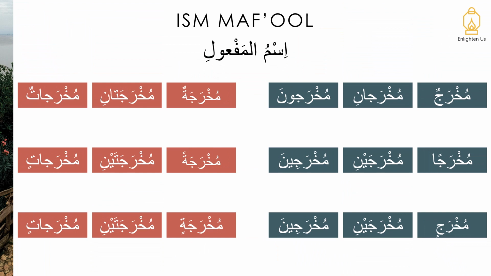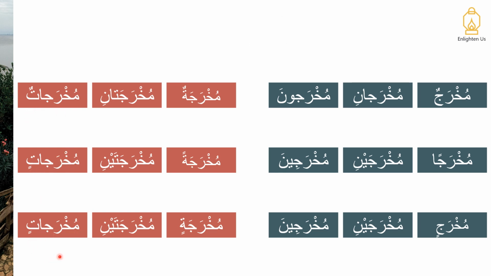Let's do the same with our ism maf'ul. Again, we've covered the ism maf'ul in some detail in other lessons. So we have the word مخرج: مخرج, مخرجان, مخرجين, مخرجون, مخرجات, and so on.